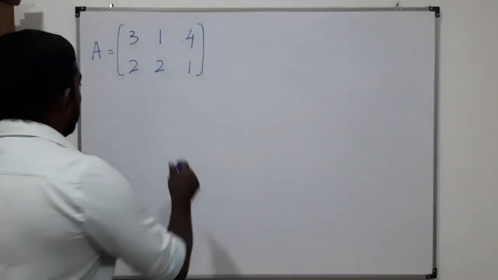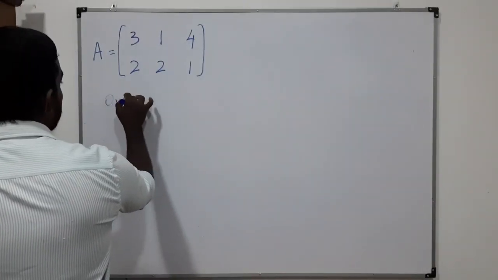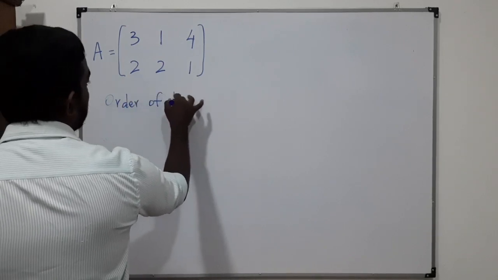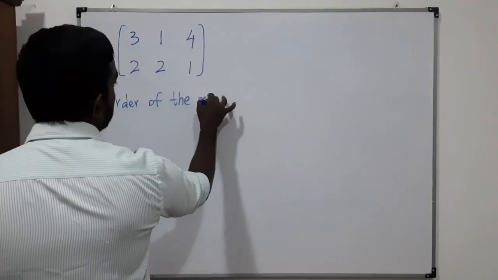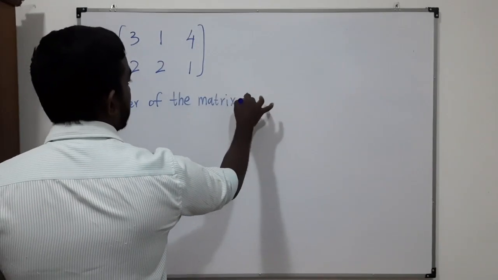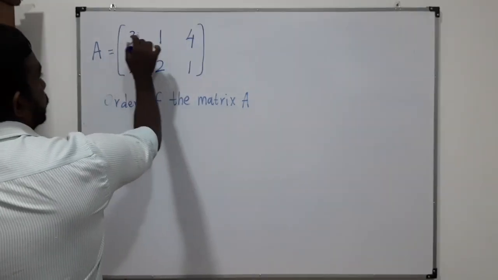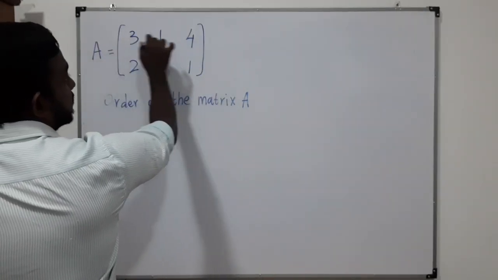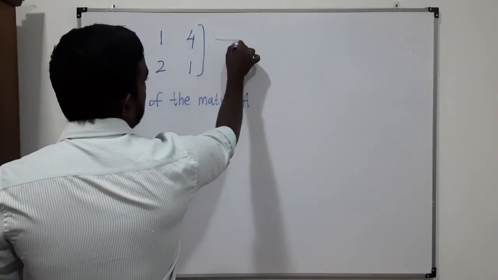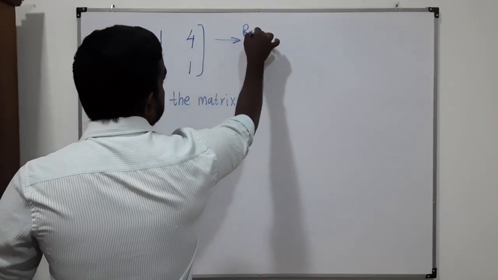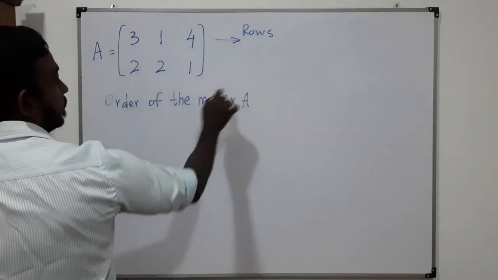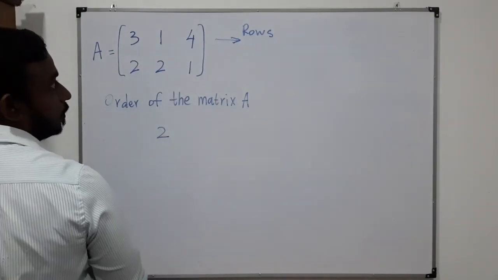Now we have to know what the order of this matrix is. Order of the matrix A. You should know these are known as rows. There are 2 rows, so I would write 2.